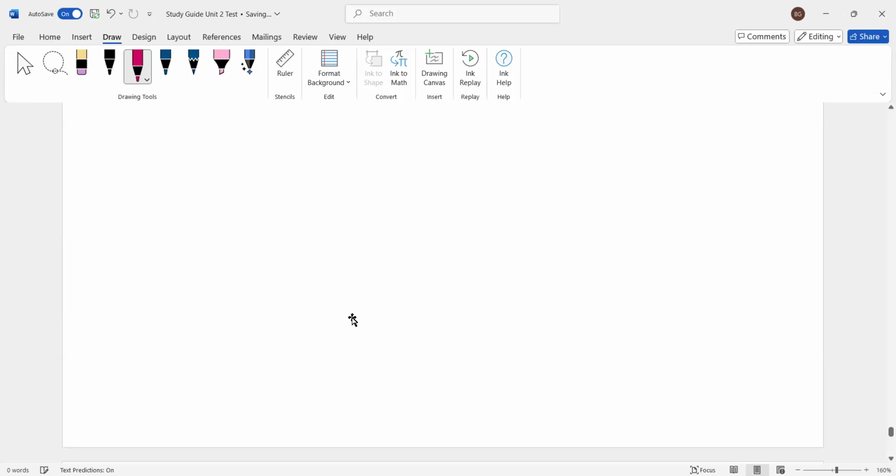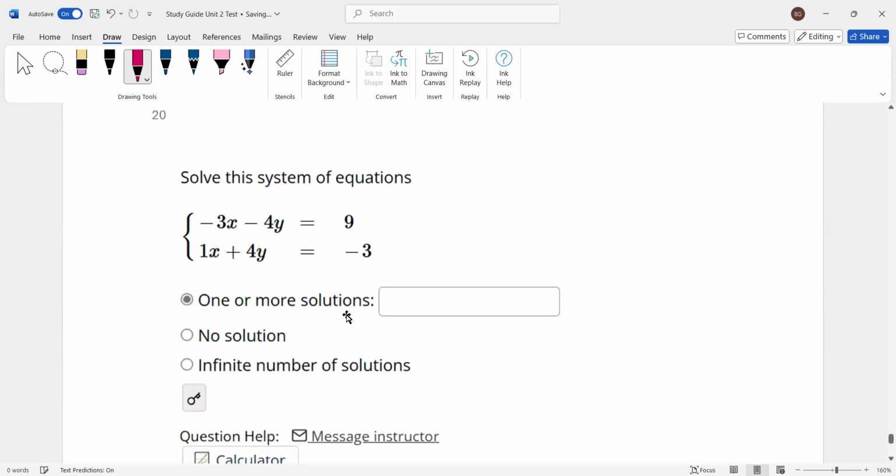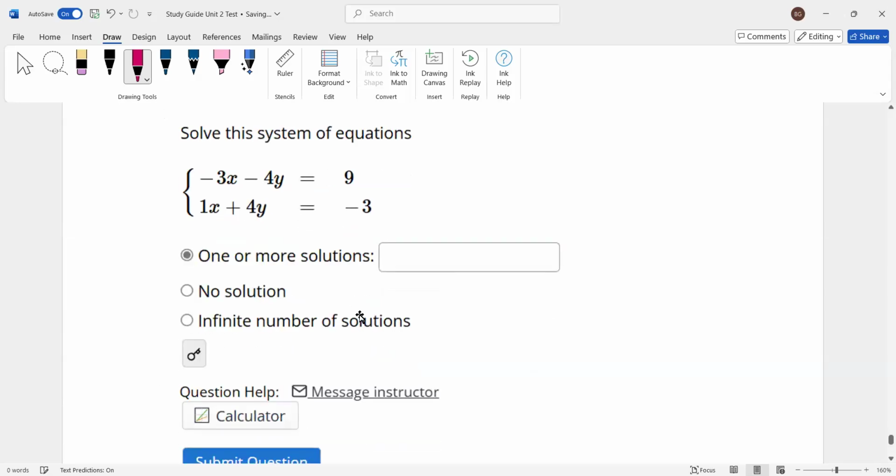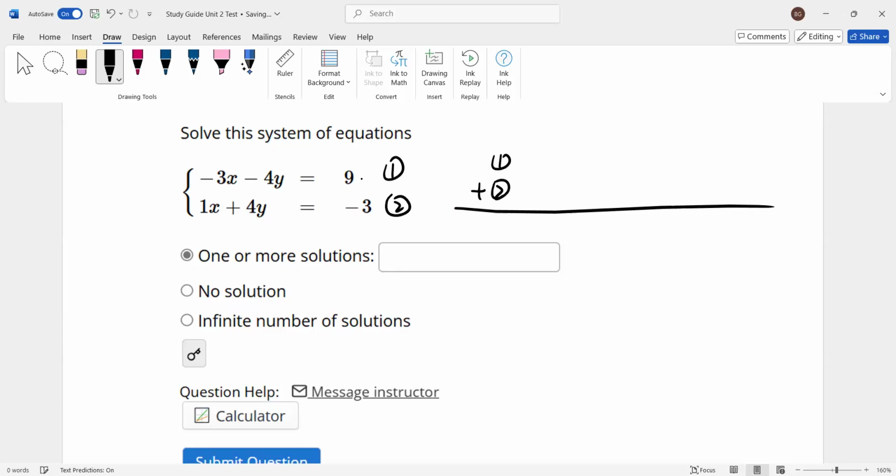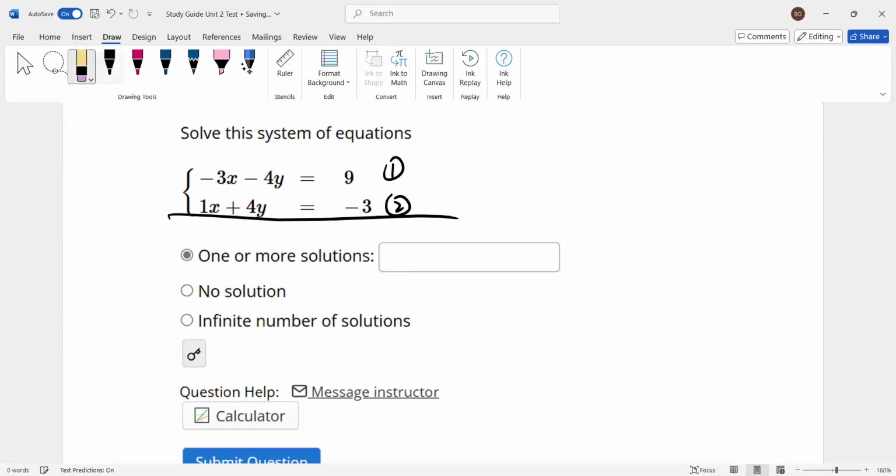Last question. Can we get it done in 2 minutes? Solving the system. Okay. This one is easy. In one step we can eliminate the y, because in equation 1, the coefficient of y is -4, and in equation 2, the coefficient of y is +4.